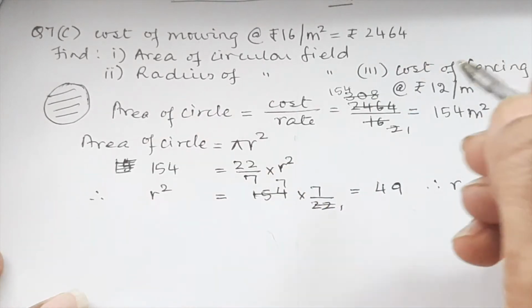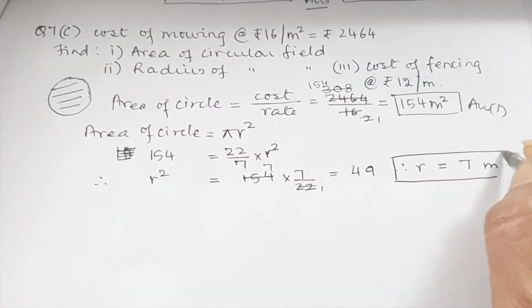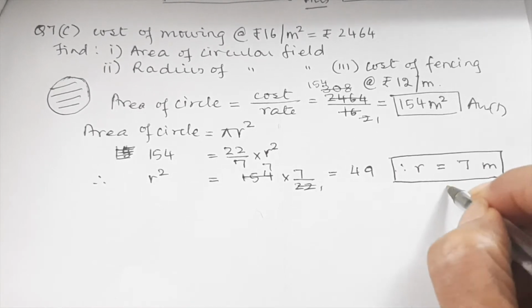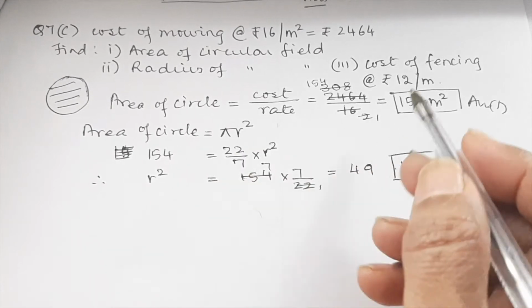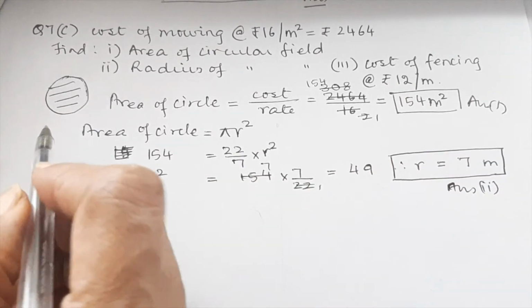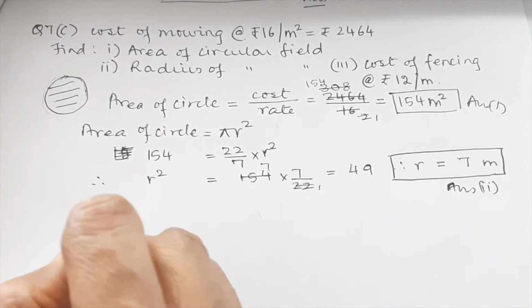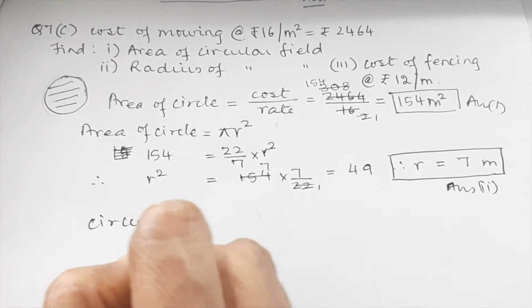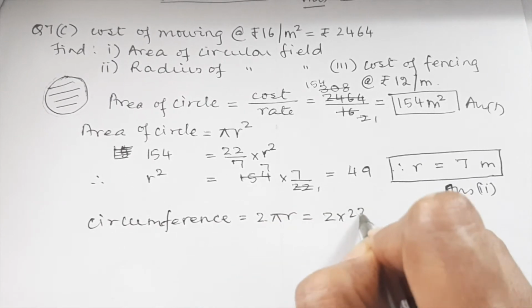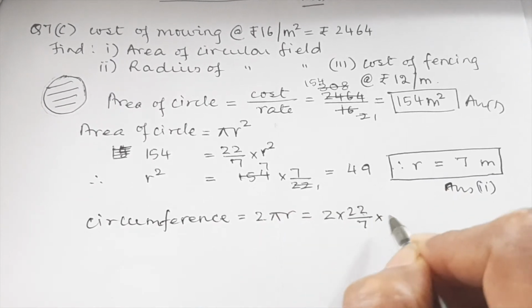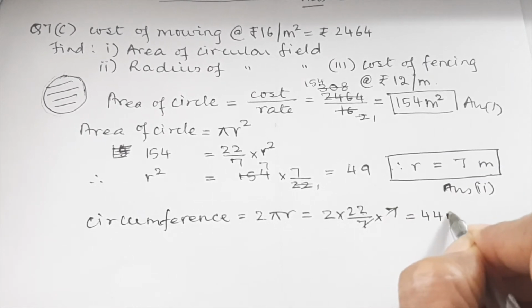Now, area of the circular field, we got this. We found our radius also, 7 meter, and this was our answer 2. And then the third part is find the cost of fencing. Now the fencing will go right round, which means you have to find the circumference. So circumference is 2 pi r, which will be 2 into 22 upon 7 multiplied by radius 7. 7 gets cancelled and we will have 44 meter.